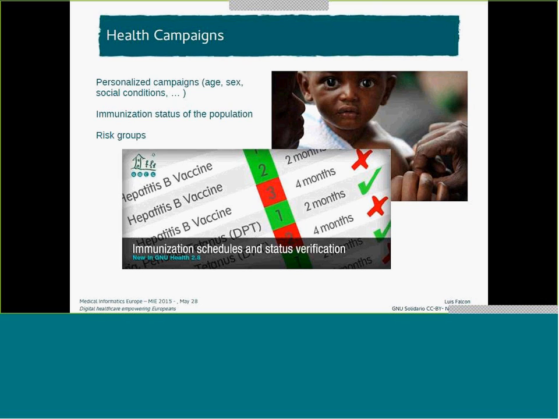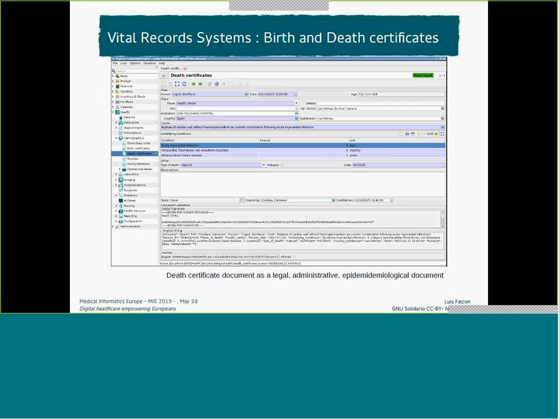To come to the end, I would like to talk in the next slide about the vital record systems, where you can actually record the certificates. In the beginning, the demographics of that specific baby, you see here the mother and the father, that is coming from the birth certificate.